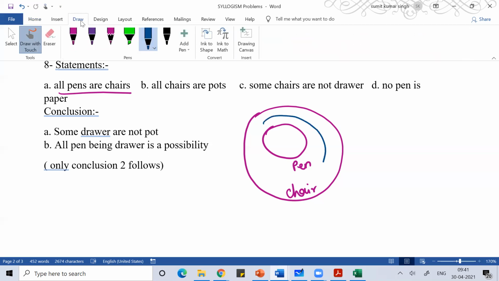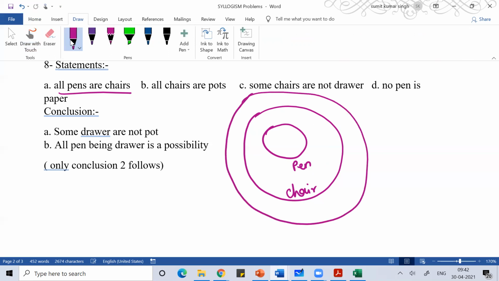So all pen are chair, and all chairs are pot. Yes, I hope you're understanding.